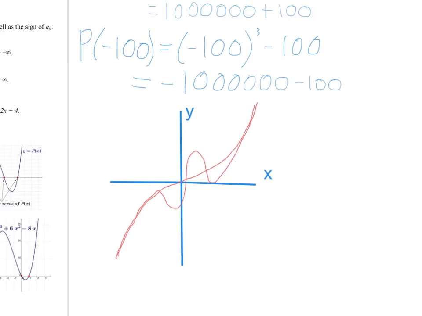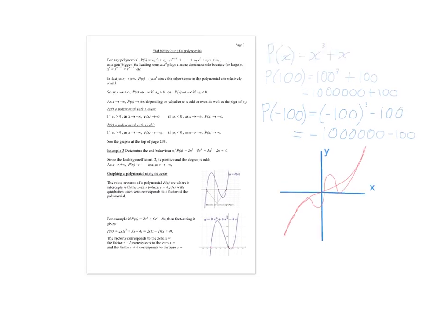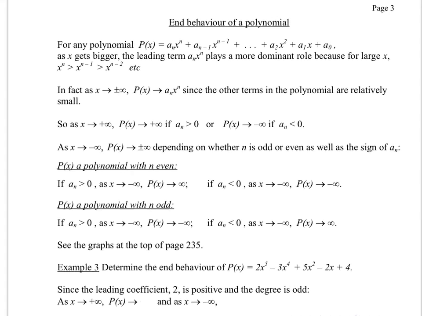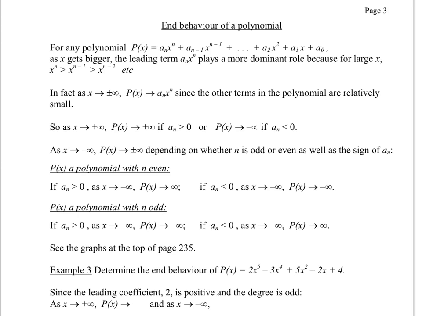Now, if we just zoom out again and have a look at the rest of this sheet, what we have in here is quite a lot of detail about how to decide if something starts at the top left or the top right.